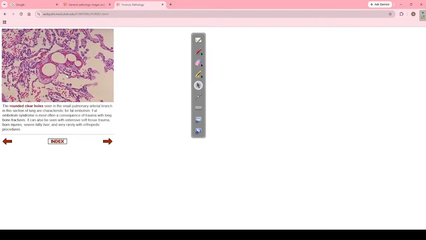Then fat embolism. These are clear round holes. It is characteristic in fat embolism, usually a consequence of trauma from bony fractures.